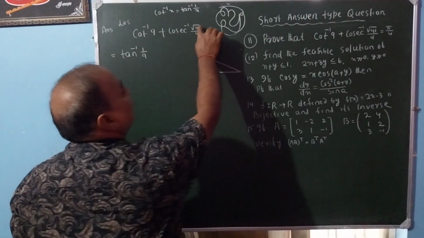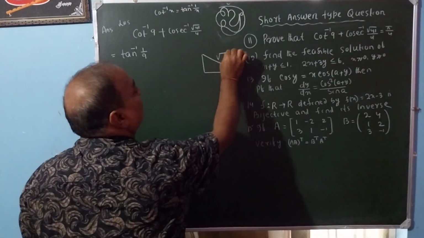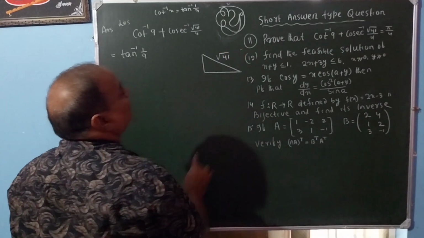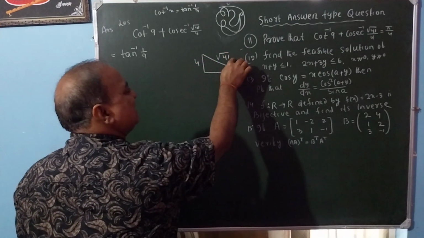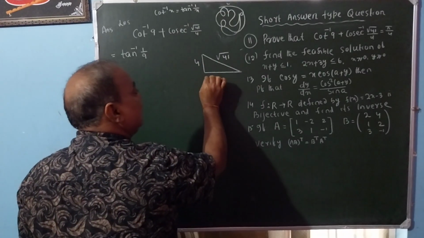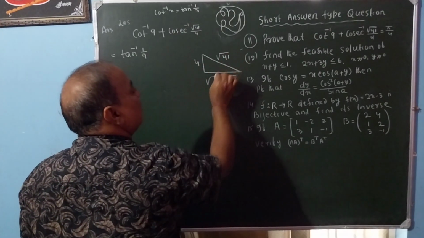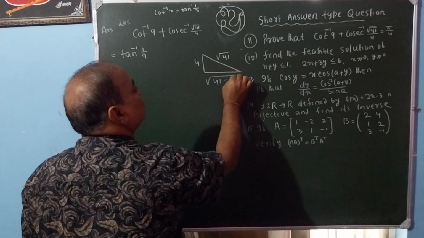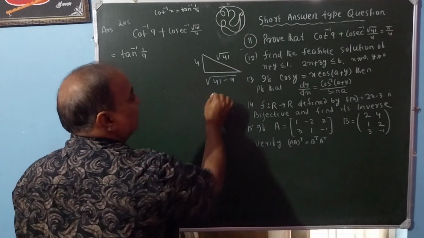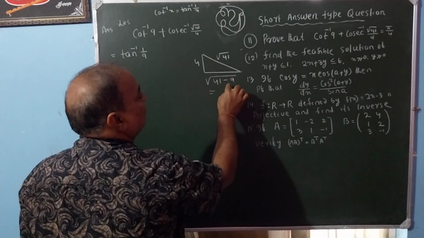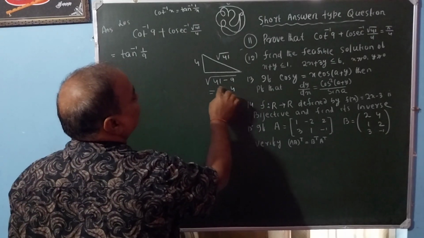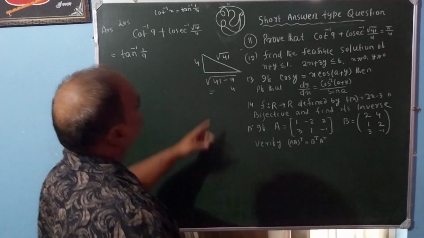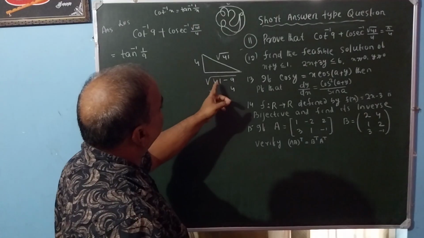Cosec means H by P. H is root over 41, P is 4. H is given, P is given, B is to be found out.